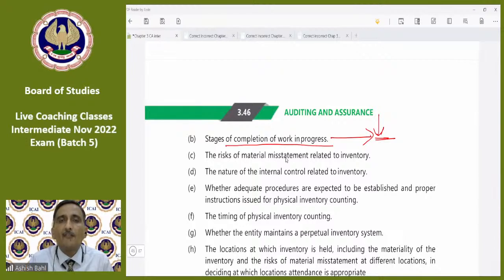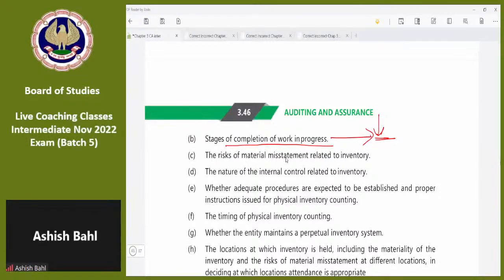That is also relevant for the auditor because it helps him in determining the condition of inventory, and it also satisfies him about the risk of material misstatement related to inventories.